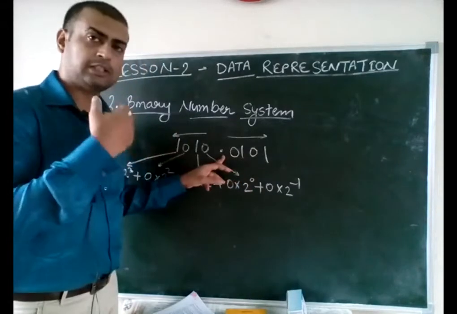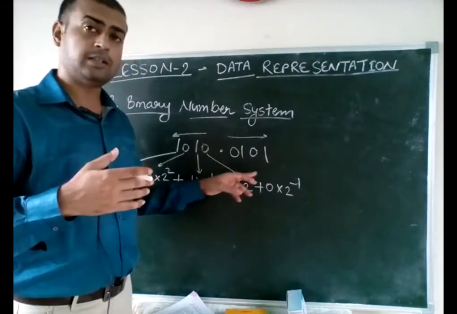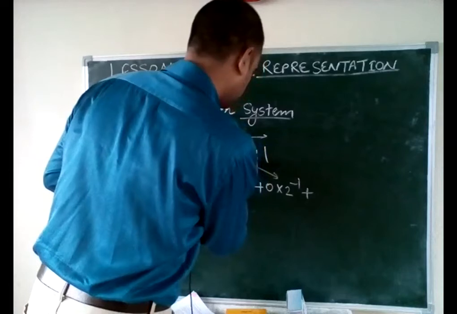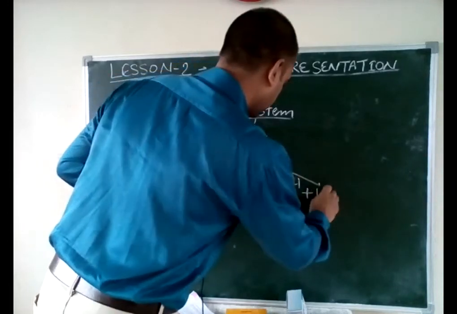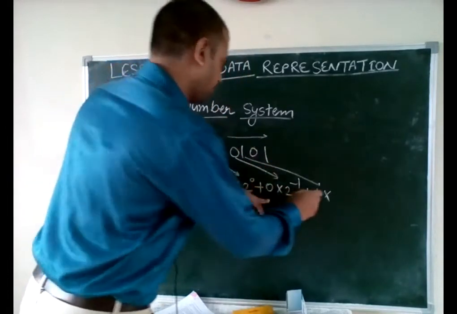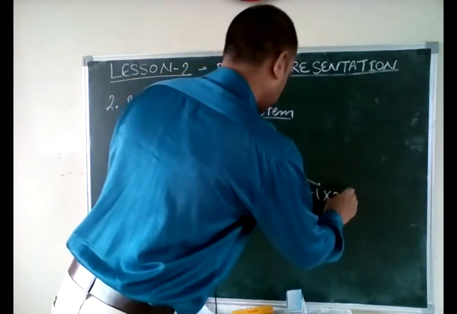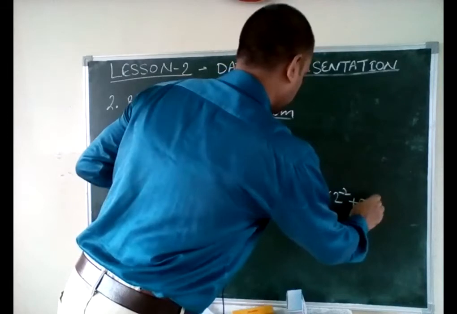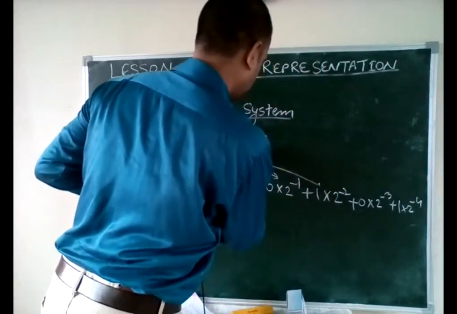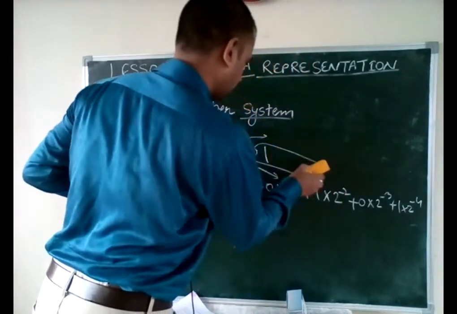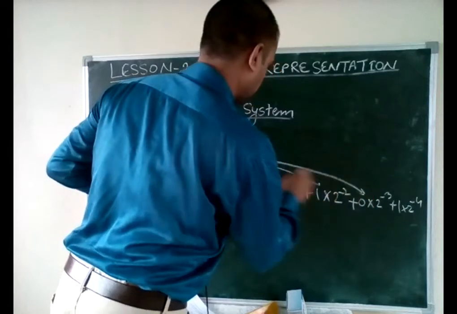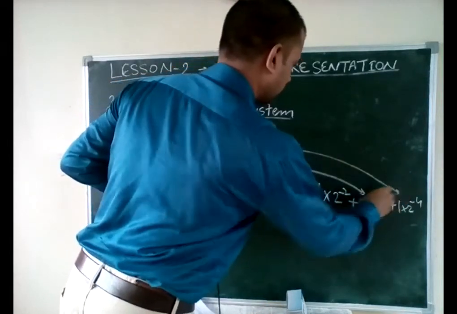As we proceed to that side of the decimal, we will use the inverse of that, minus 1, plus 1 into 2 to the power minus 2 plus 0 into 2 to the power minus 3 plus 1 into 2 to the power minus 4.